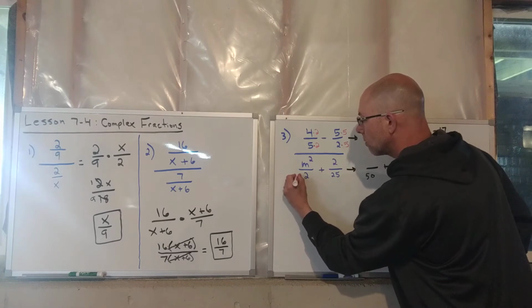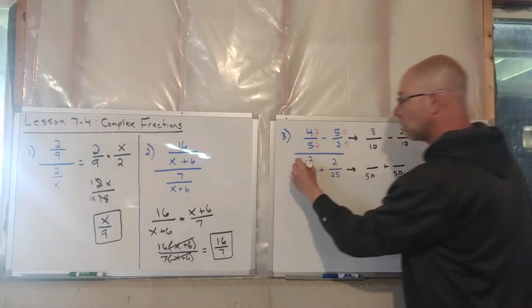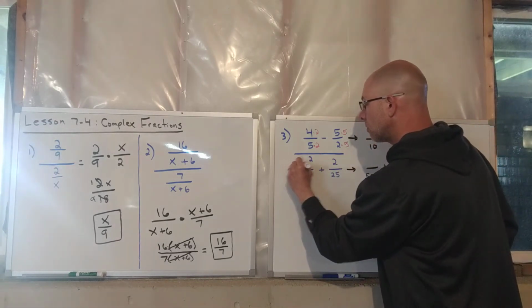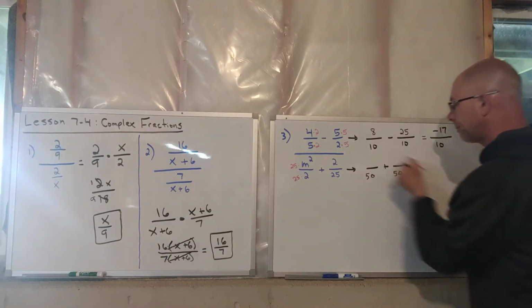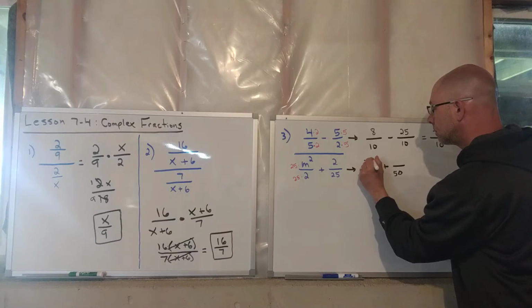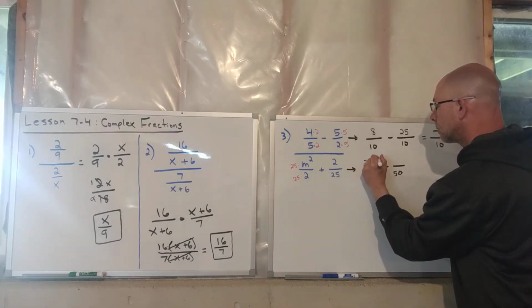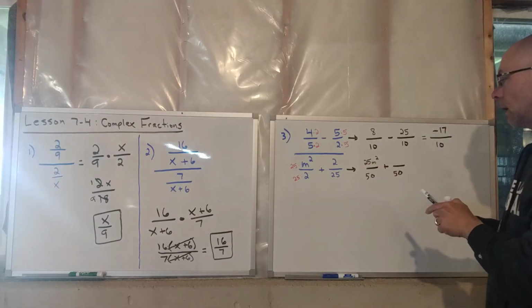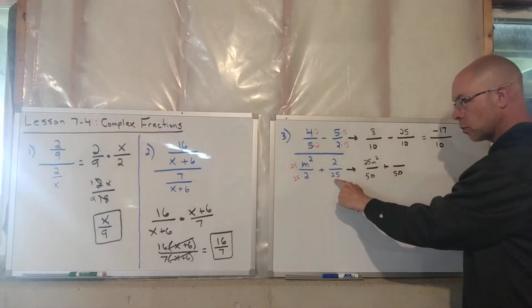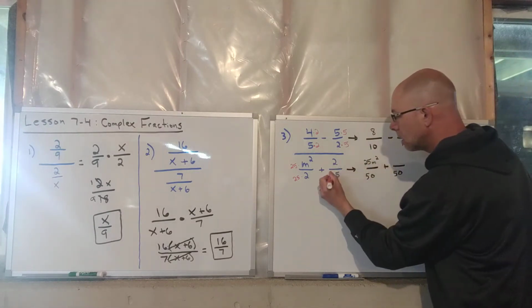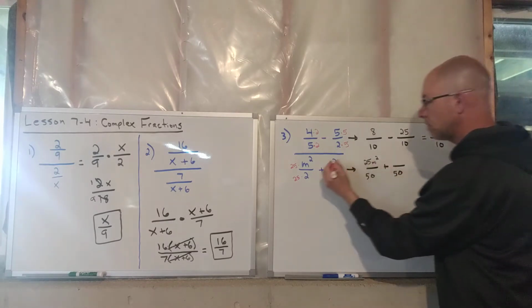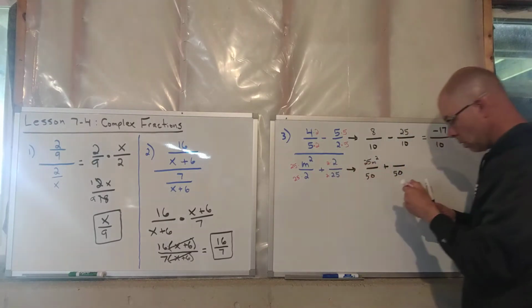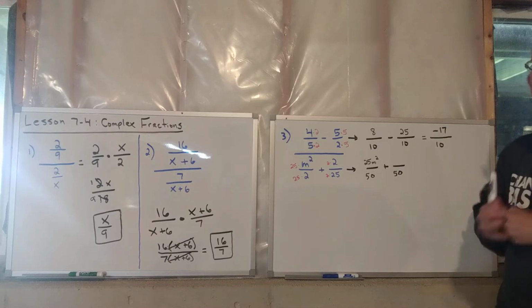Times 25. So this is going times 25, which will be 25m squared. This one, how does the 25 become a 50? Times 2. 2 times 25 is 50, so this goes times 2, which makes it a 4.